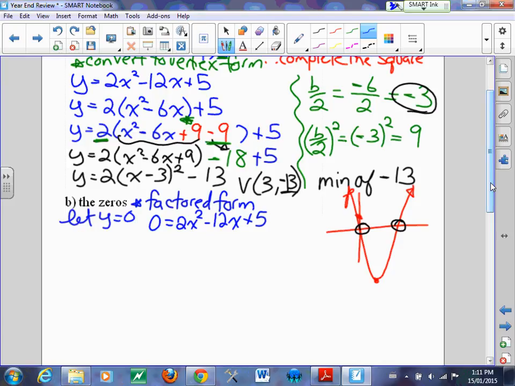If not, go right to the quadratic formula. And let's just quickly take a look at that. If you take a look at the product, it's a times c. So that's going to be 2 times 5, which is 10, and the sum equals negative 12. Is there any way we can get that to work? No. So you cannot use factoring, so that's why you have to use the quadratic formula, okay? So can't factor, so you're going to use the quadratic formula.